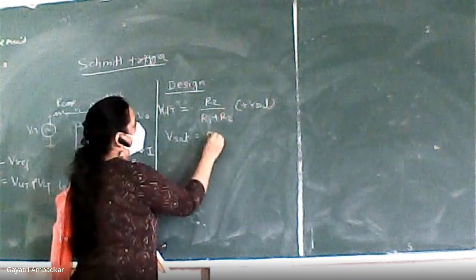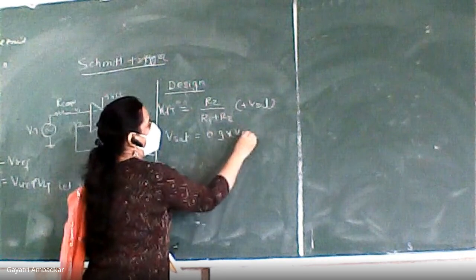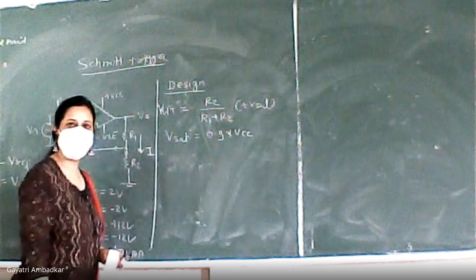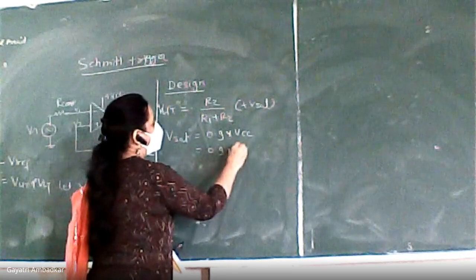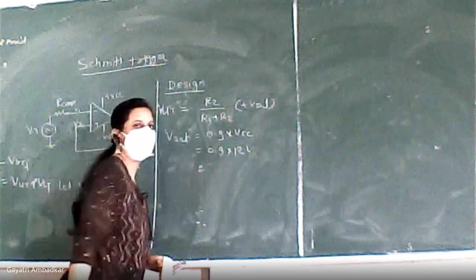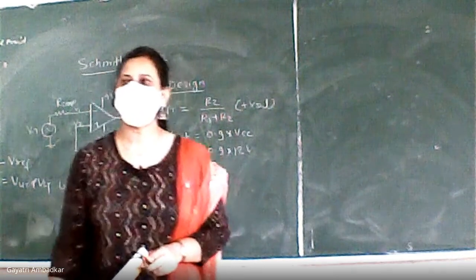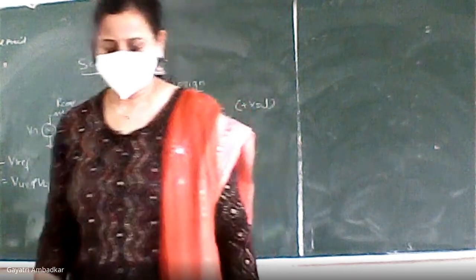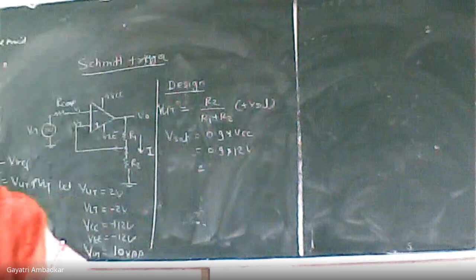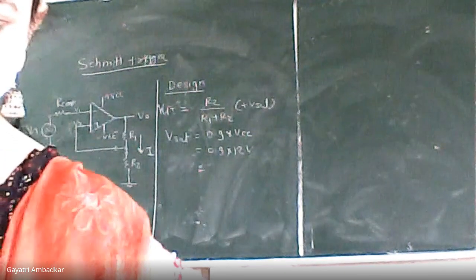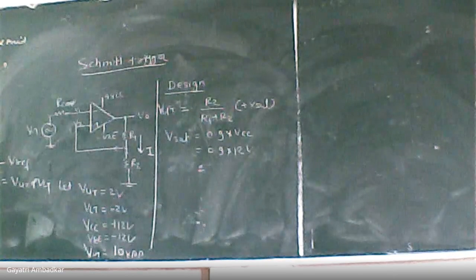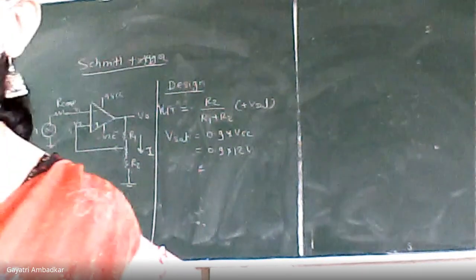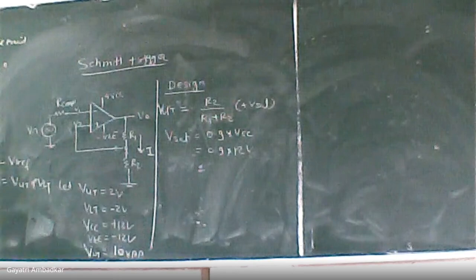Vsat is equal to 0.9 into VCC. So 0.9 into, what is VCC given to you? 12 volts. Find how much it is. 90% of VCC. How much? 10.8 volt. Everybody should have calculators with you.